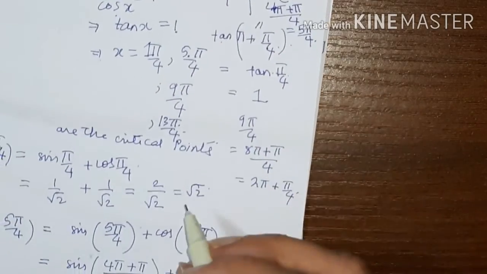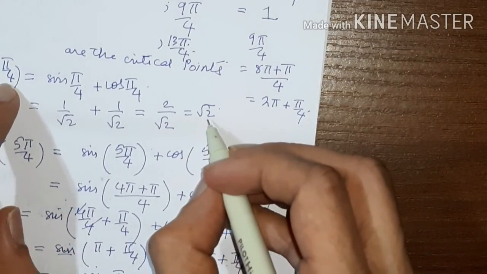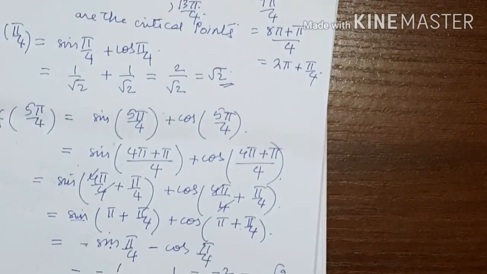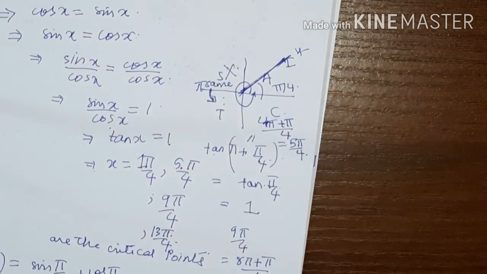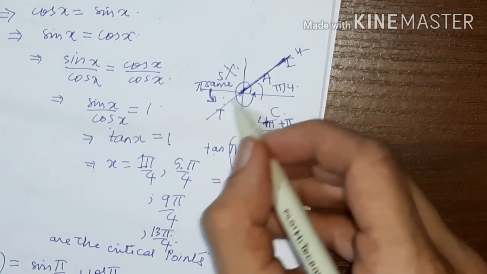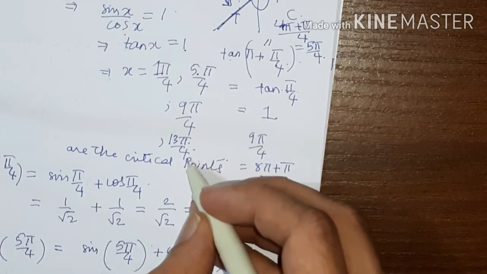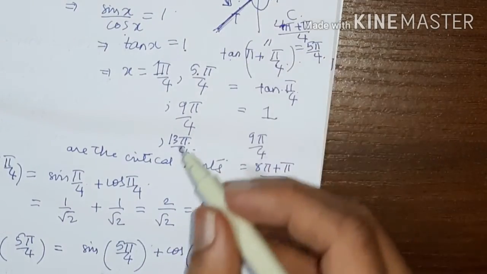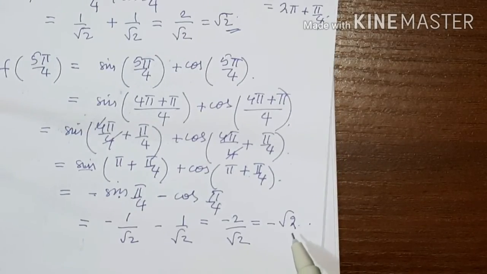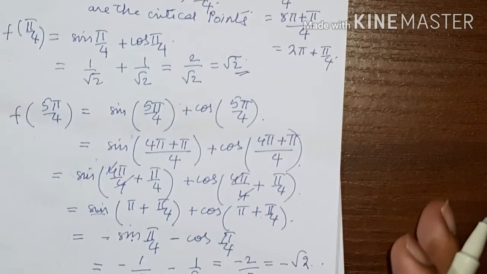So what you have here? Value of f at pi by 4 is root 2, so f of 9 pi by 4 also will be root 2. Similarly, 5 pi by 4, if you look at the value, it is here, in the third quadrant, and 13 pi by 4 will also be in the third quadrant. So the value of 13 pi by 4 will be the same, minus root 2. So you don't need to check the values at the other critical points.